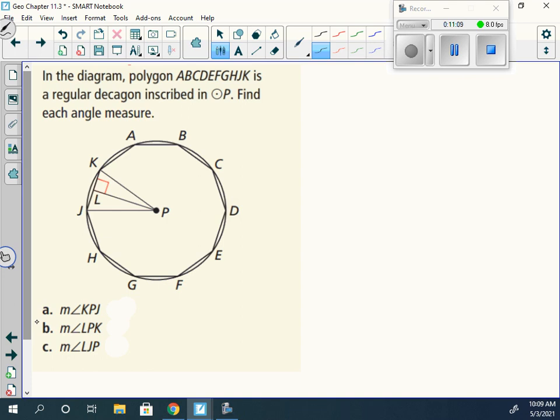Now, in the diagram, polygon ABCDEFGHJK is a regular decagon. Well, a decagon has how many sides? 10. So if I want to know what this overall angle is, we can take 360 and divide it by 10, and hopefully you can do this without using a calculator: 36, because we dropped the 0.